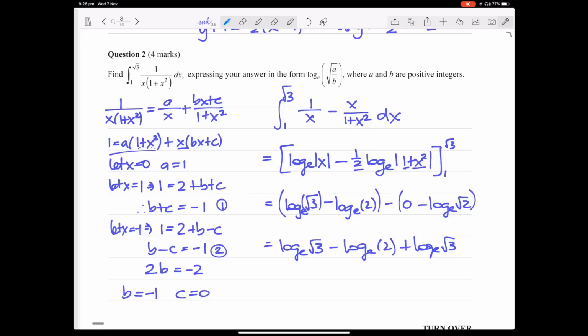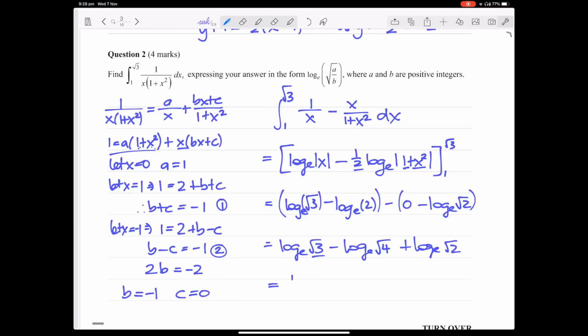It's got to all be under the square root, so we can make that root 4. Plus, somehow I ended up with a 3 there. Let's fix this up. So here we get root 4, and here we've got root 2.